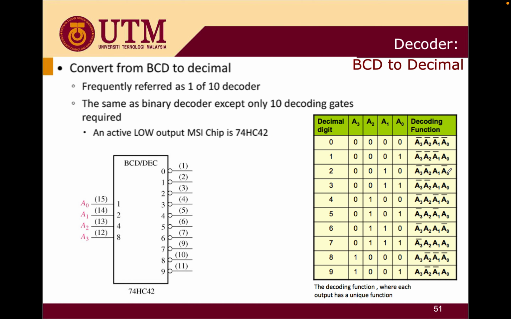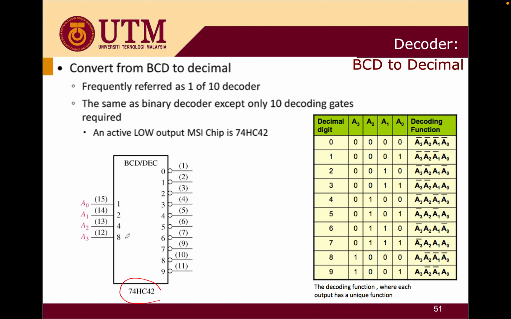For BCD to decimal, frequently referred to as a 1 to 10 decoder, it is the same as a binary decoder, except only 10 decoding gates are required. An active low output MSI chip is 74HC42. So this is an example.